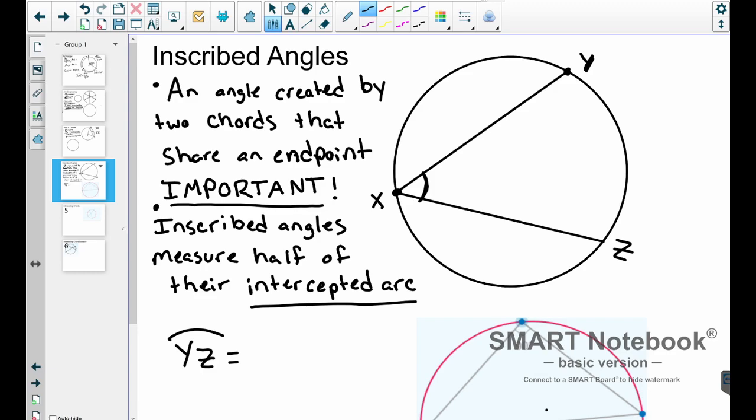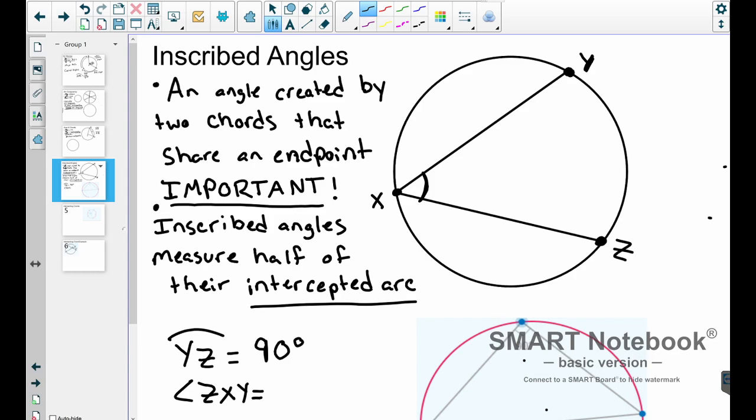Let's say 90 degrees. So if arc YZ, this point Y here to this point Z here, if that arc equals 90 degrees, then what would angle ZXY equal?